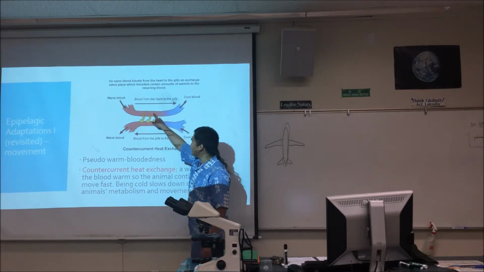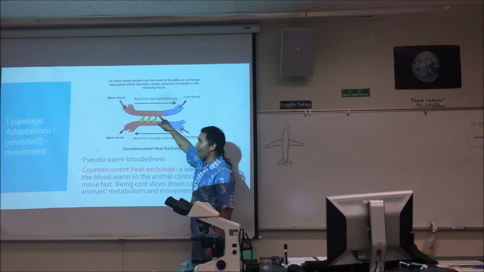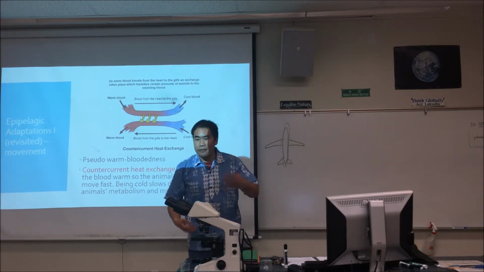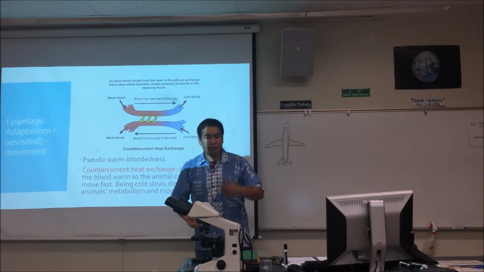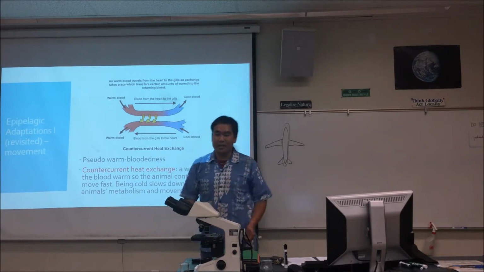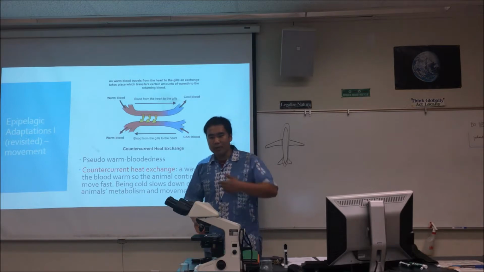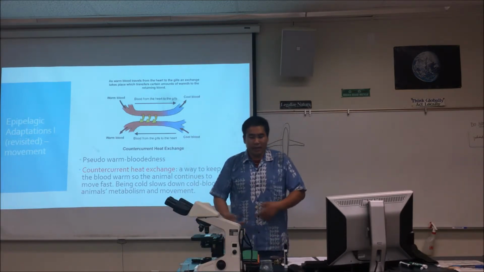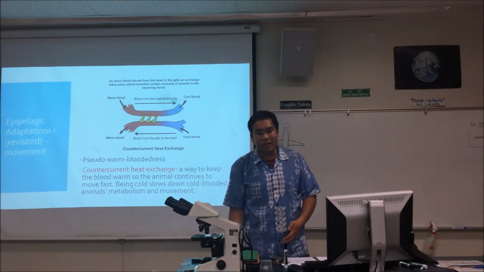And when this one loses its heat, it becomes cold, and you send the cold blood to your gills, where it doesn't even matter anymore. It only matters if you send warm blood to your gills, because that loses heat. But if you send cold blood to your gills, then you don't care. Does that make sense? Because it's already cold. How much colder is the ocean going to make it?